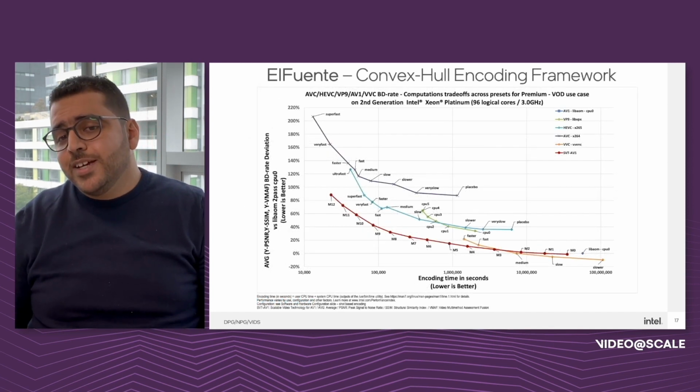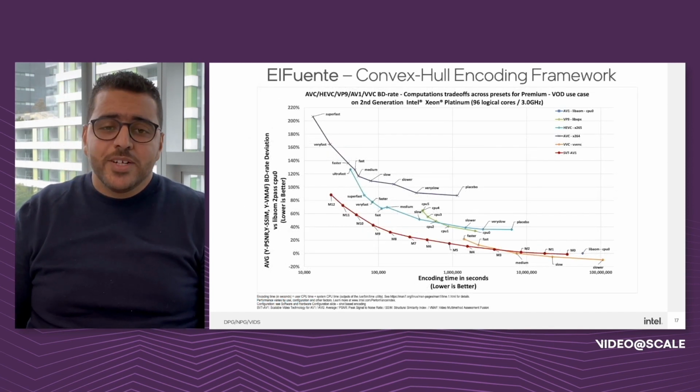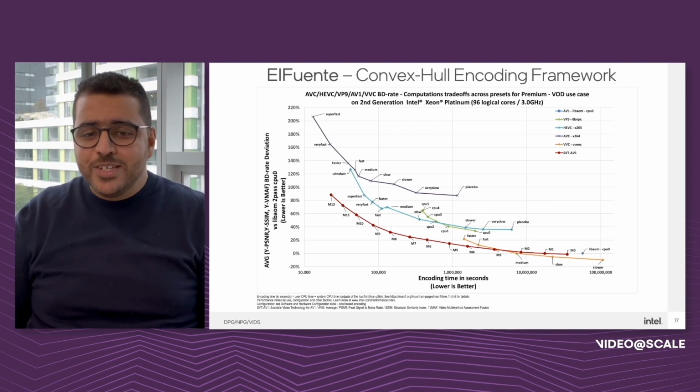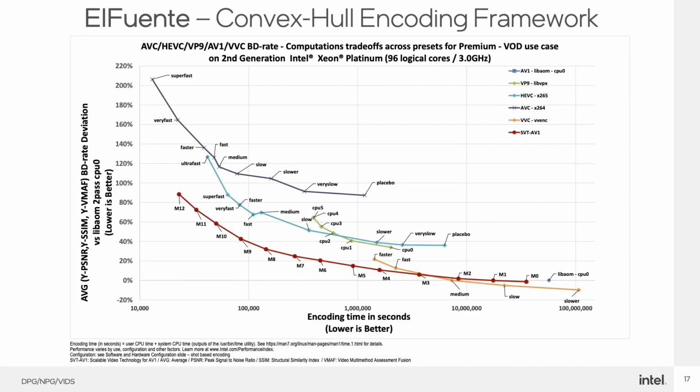Now, going to one of the exciting parts, always for video codec experts, which is looking at graphs and numbers. The graph that we have here represents a comparison of trade-offs between multiple video codec implementations. We have selected open source implementations.